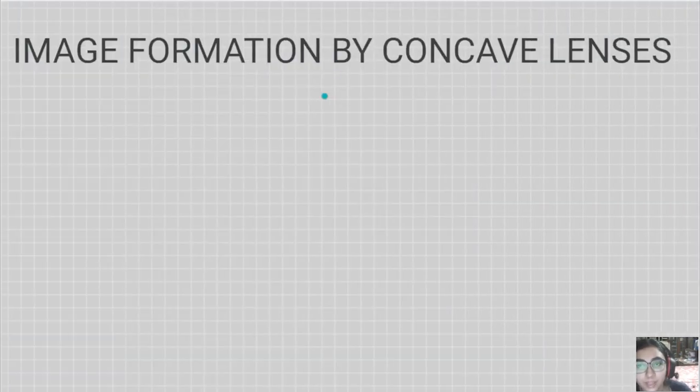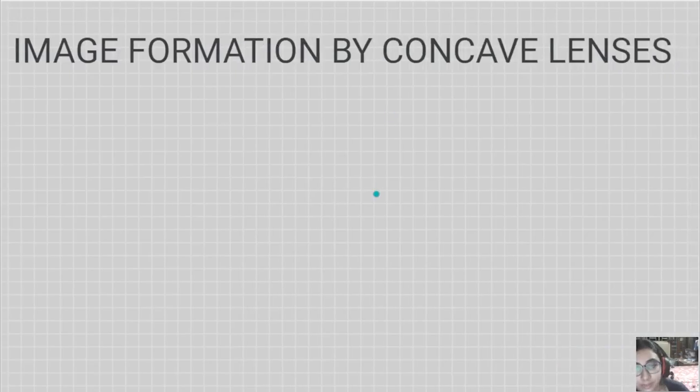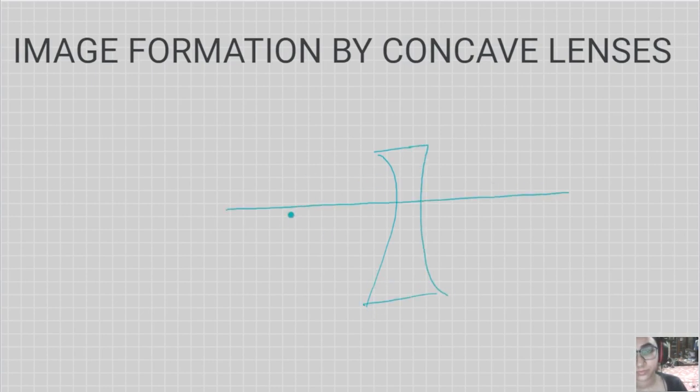Okay, so now image formation by concave lenses. In the same way that a convex mirror had only one outcome, the concave lens will also have only one outcome. So this is the optical center, although it's not accurate because I'm drawing with a pen tab, but you should always use rulers to make it accurate.